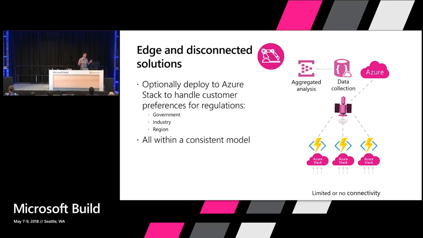So the bottom line of edge and disconnected is that you leverage the broad Azure to do the training of your models and the large-scale data collection, and then you use Azure Stack to treat the data and the processes that need to stay on-prem.